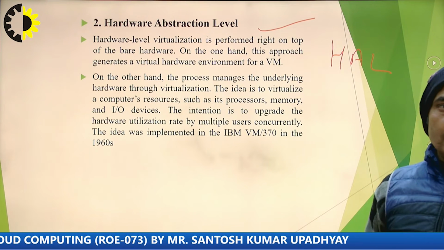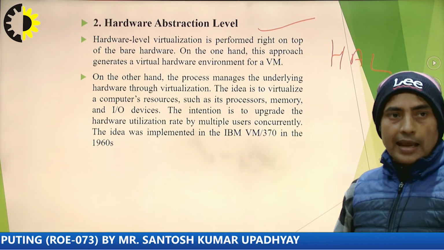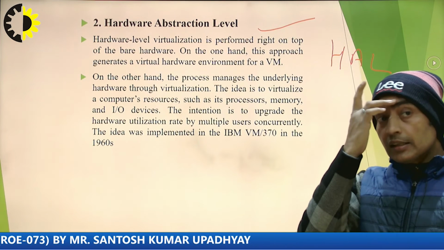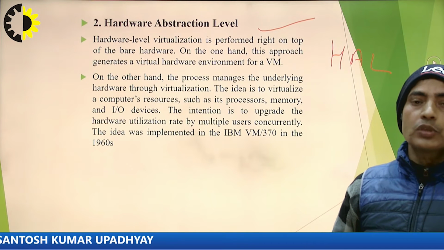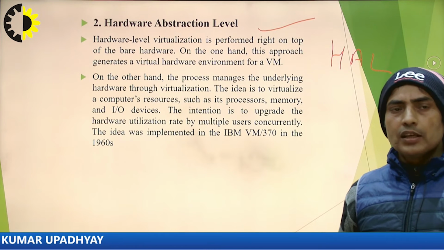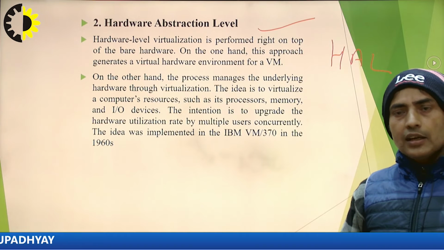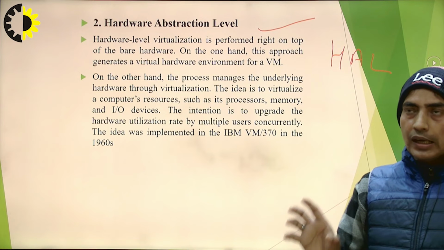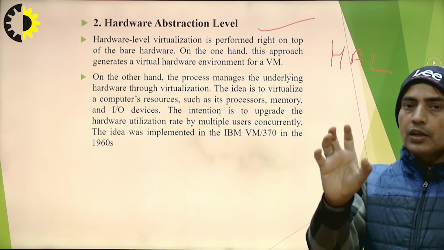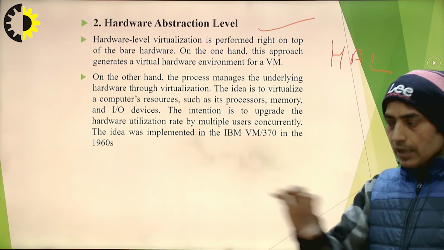The process manages the underlying hardware through virtualization. The idea is to virtualize computer resources such as processor, memory, and input-output devices. Thus virtual resources are available for different virtual machines on the same host machine.